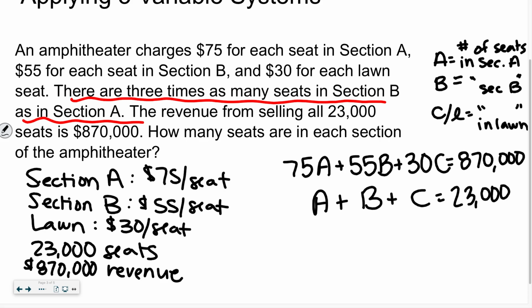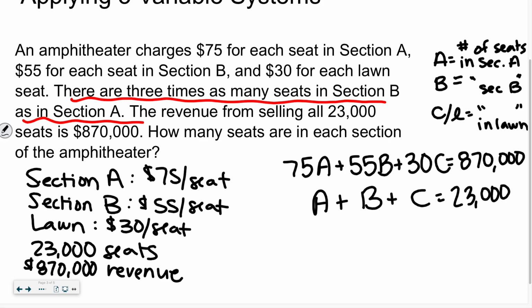But remember, think back to what your unknowns are. They're the number of seats in each section. So we don't want to multiply it by 75 because then we're over-exaggerating how many seats there are. A is the number of seats in section A. So it's just those seats plus the seats in B plus the seats on the lawn. We've got 23,000 seats.